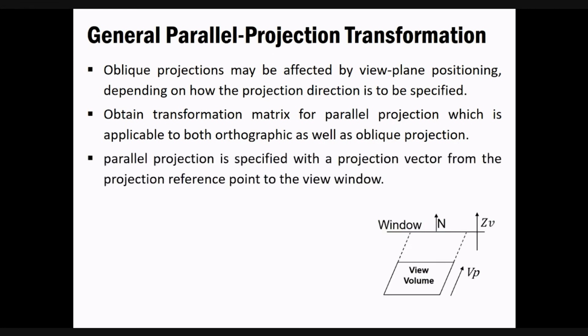Parallel projection is specified with the projection vector from the projection reference point to the view window. This is the view window where we want to get something, and this is a view volume.